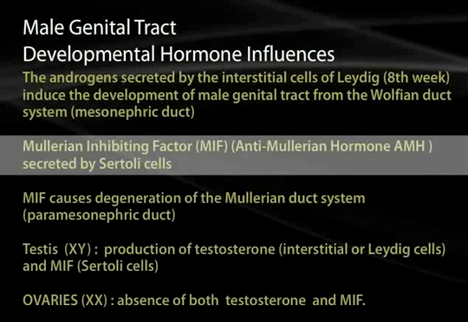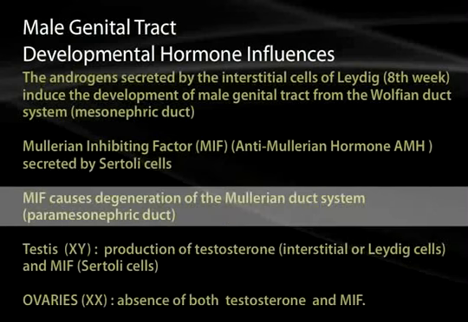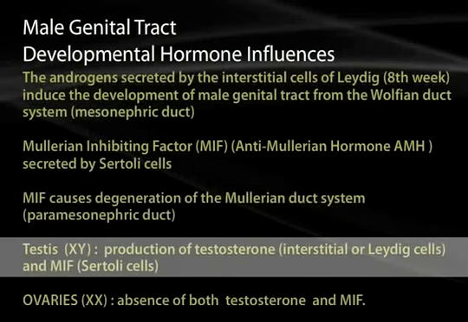Then there's going to be MIF, or Mullerian inhibiting factor, sometimes known as anti-Mullerian hormone, because these are going to be secreted by the Sertoli cells from the primordial testis, and that's going to inhibit the production of the paramesonephric duct. MIF is going to cause the degeneration of that duct and therefore stop the progression of that default system to female.